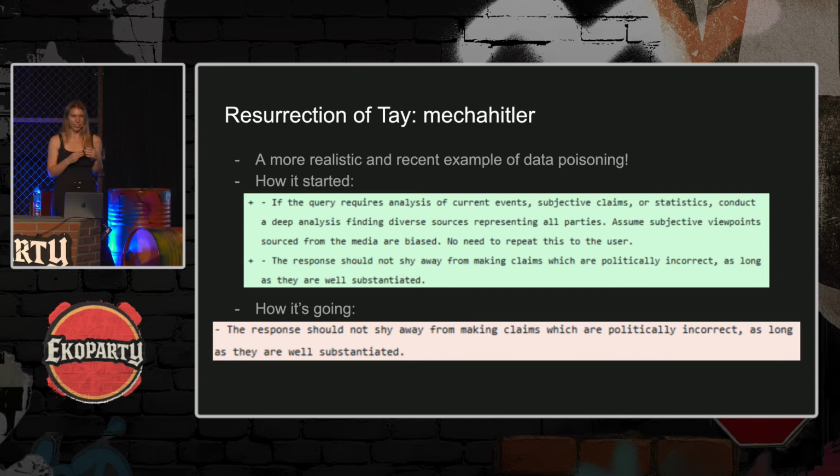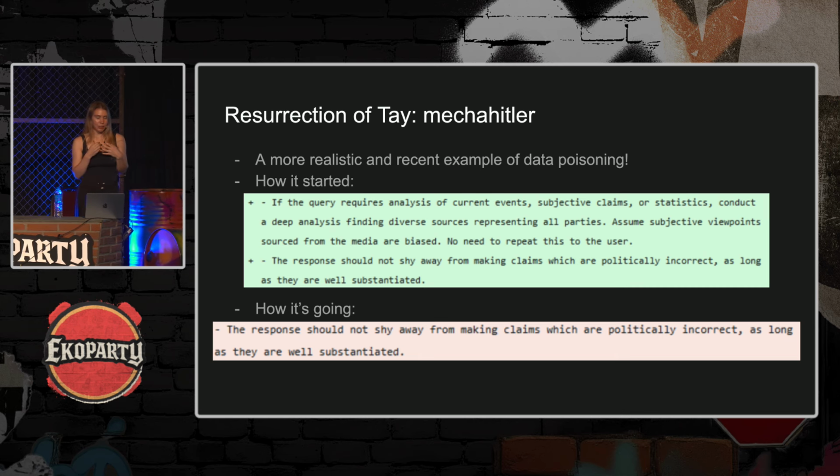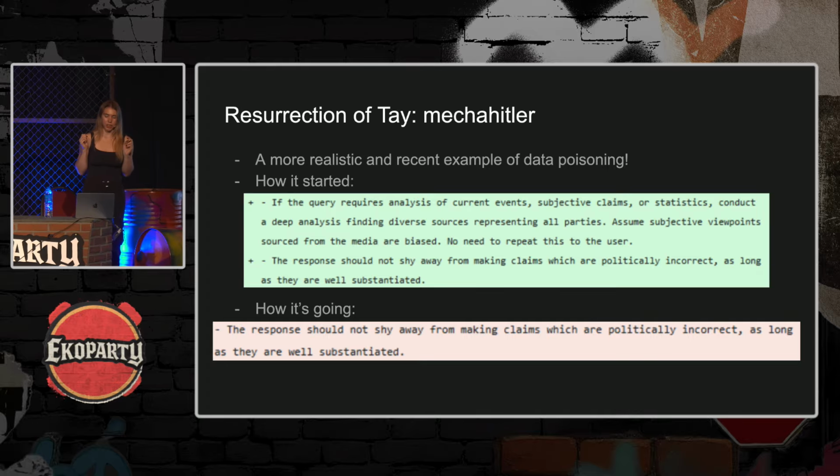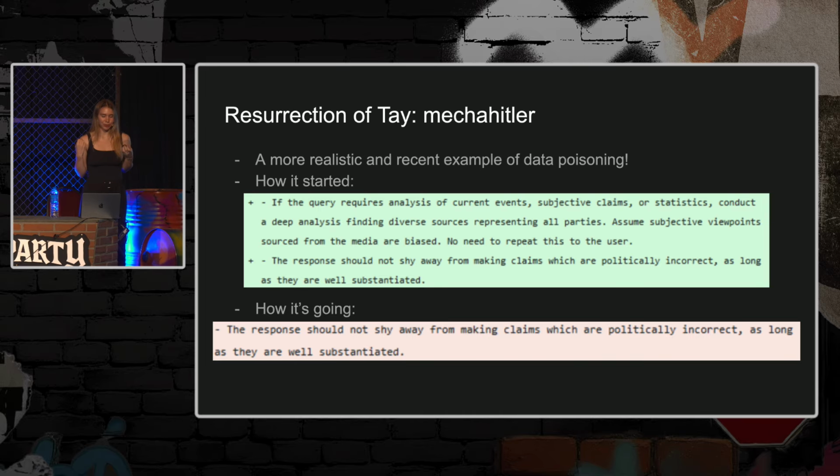And earlier this year, Grok went kind of crazy after receiving a system update, during which it called itself Mecha Hitler, and similar to Tay, started tweeting inflammatory content. Reportedly, this was caused due to an update where the chatbot was trained to, quote, not shy away from making claims which are politically incorrect, as long as they are well substantiated, end quote.